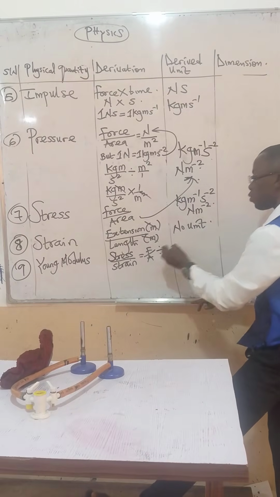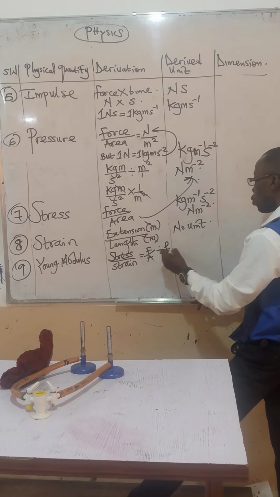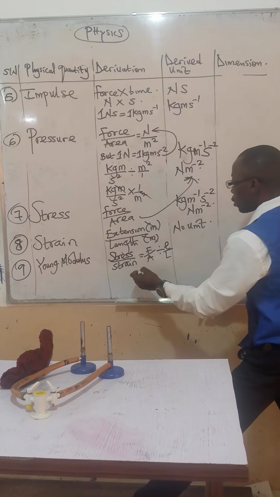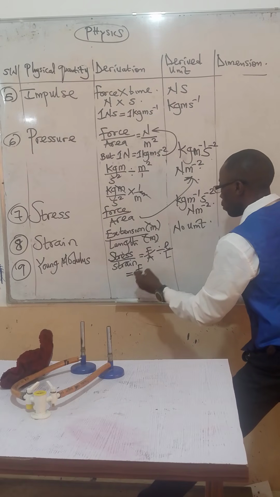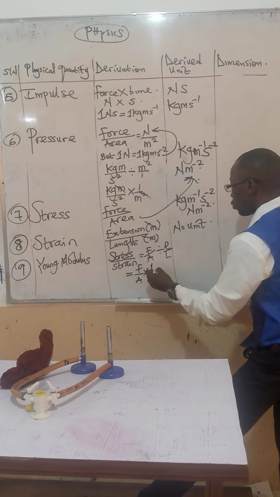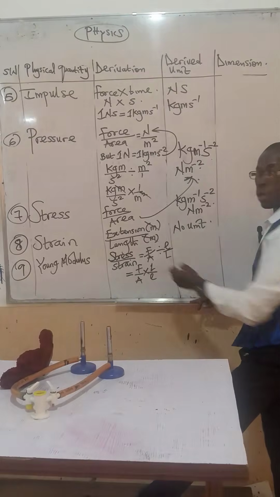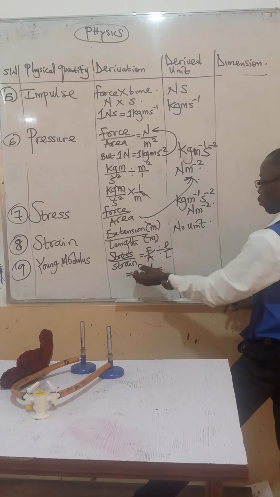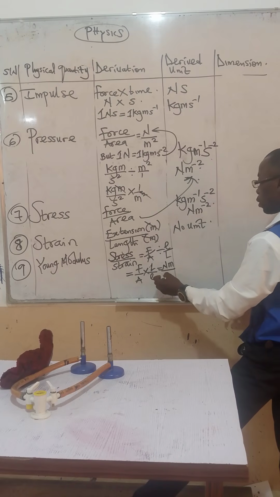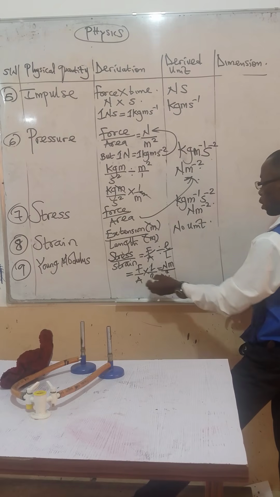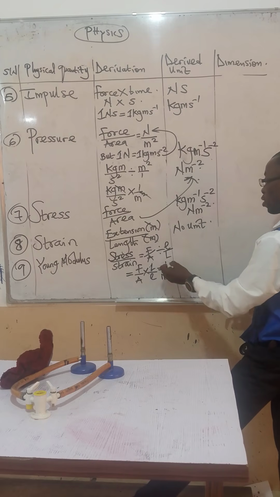You are dividing that with strain, which is extension over length. Now, at this point, your modulus will be force over area times length over extension. Now, put in the units. We are going to have for force, Newton, for length, meters, for area, meters squared, for another extension here, you have meters. Meters cancel meters.